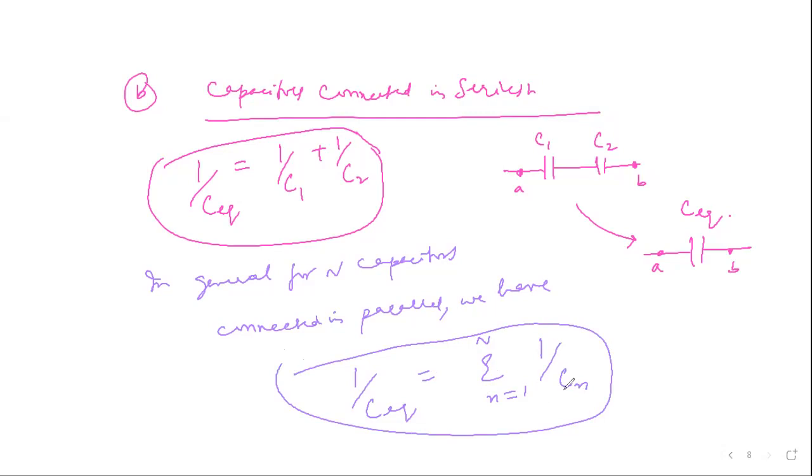That means you have to add 1 over C1 plus 1 over C2 plus 1 over C3 up to 1 over Cn to get 1 by C equivalent. Then you can get C equivalent by the reciprocal.